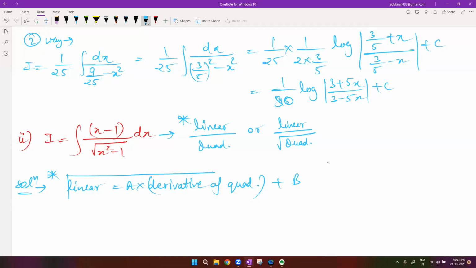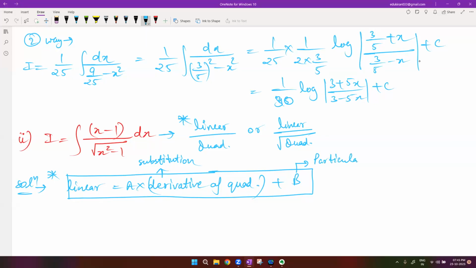This is the formula, this is the concept. And why are we breaking this linear expression into two parts? The first part will help in integration with substitution, and the second part can be solved using integration of some particular functions. So that is why we are doing this.